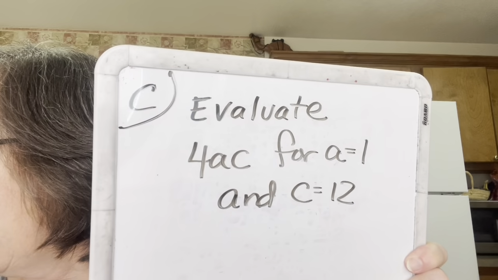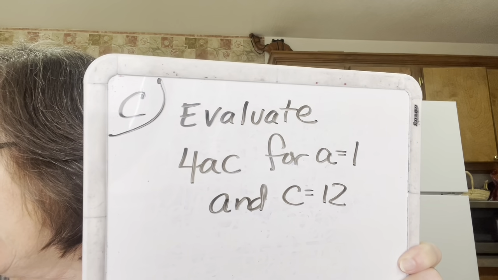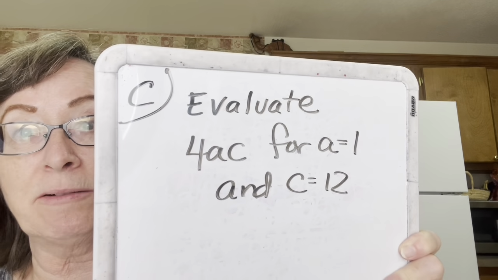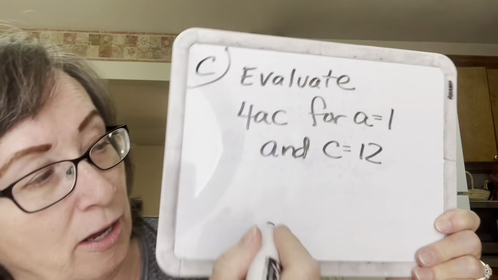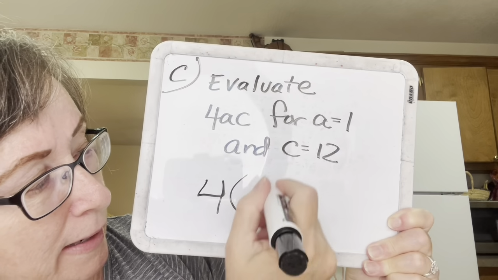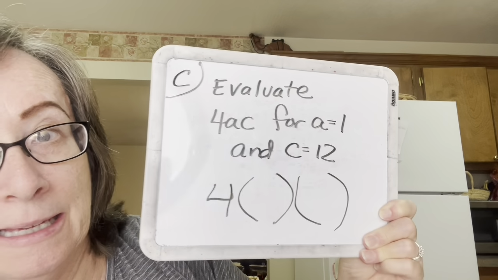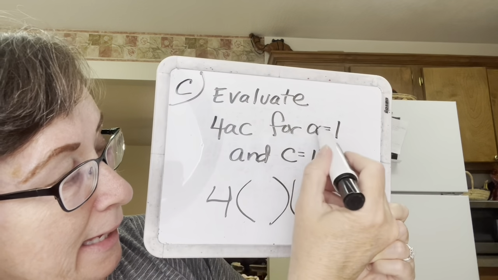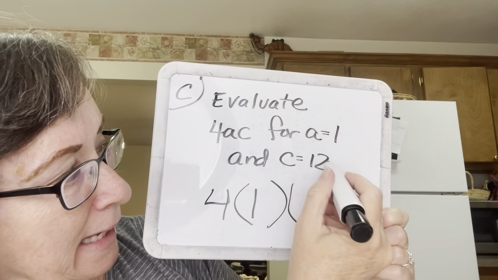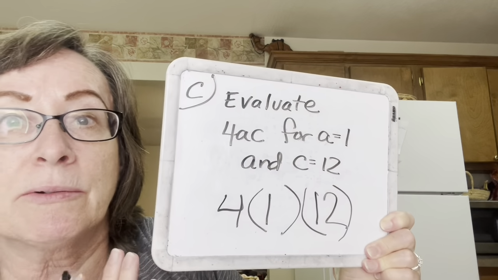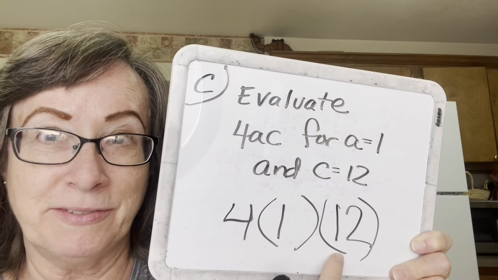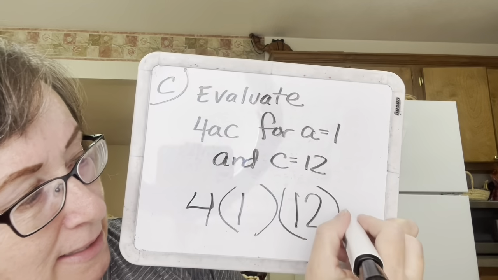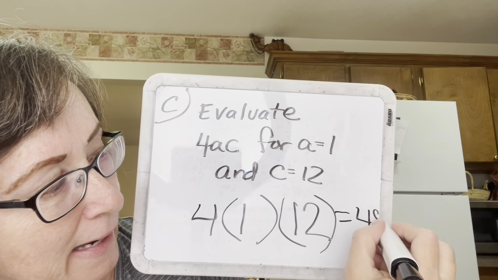And C says, evaluate 4AC for A equals 1 and C equals 12. Okay, so they gave us the expression 4AC. So we're going to rewrite 4AC, and we're going to put A is 1 and C is 12, and we're going to multiply them all together. So 4 times 1 times 12 is 48. So the answer is 48.